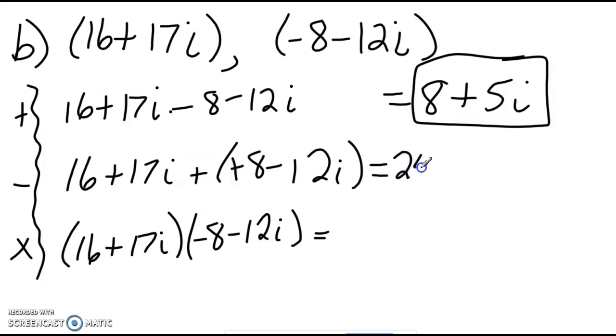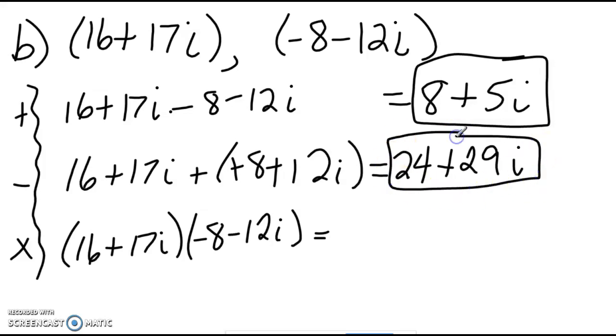Okay. How about now what do you get for your I? 29i, yep. Because the negative makes both of those positive when we subtract. Okay, good? Any questions on that?